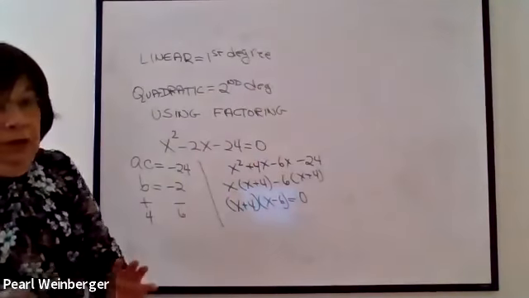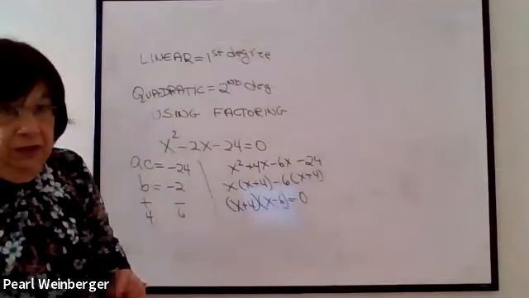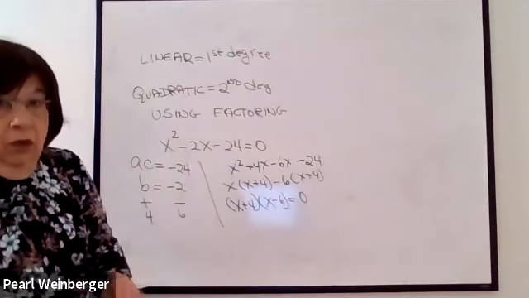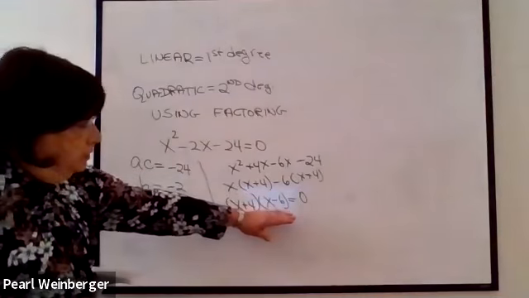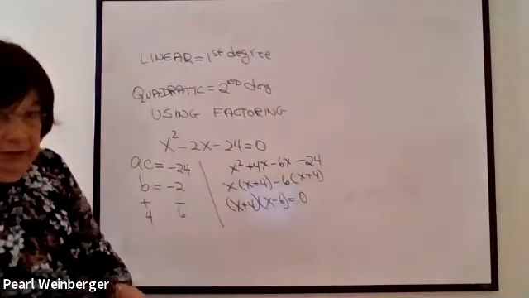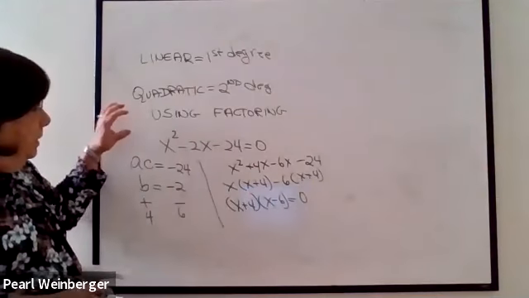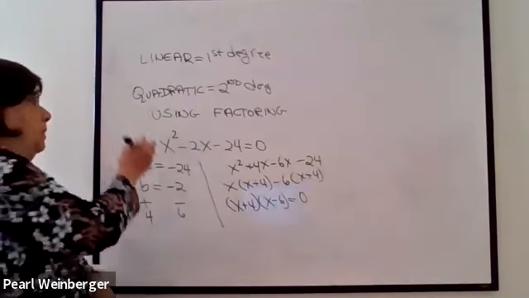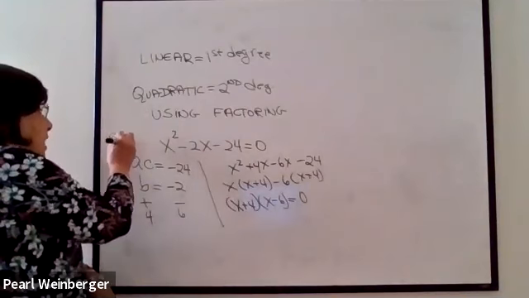Now here is where it's different than what we did before. When we were factoring, we would stop right here. We would stop at the x plus 4 and the x minus 6. The rule would be factor. But here we're being asked to solve.